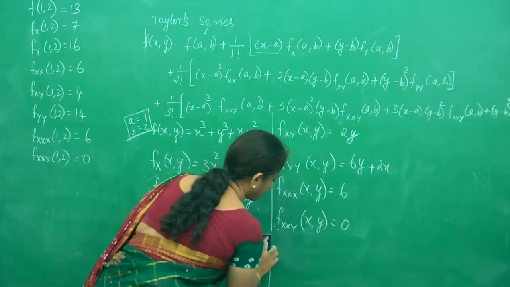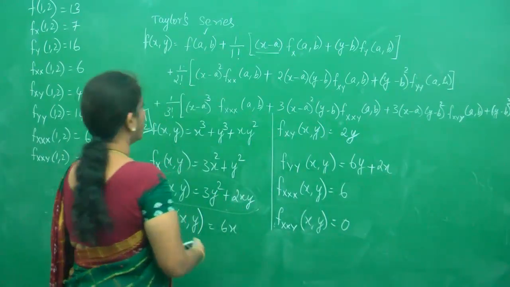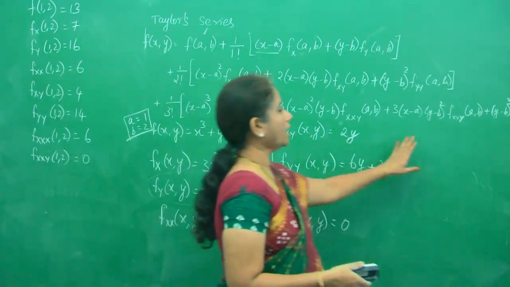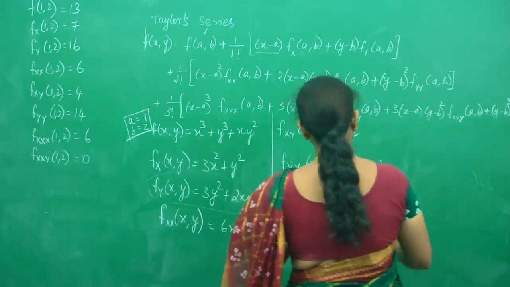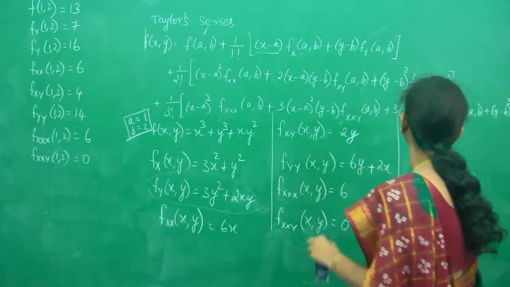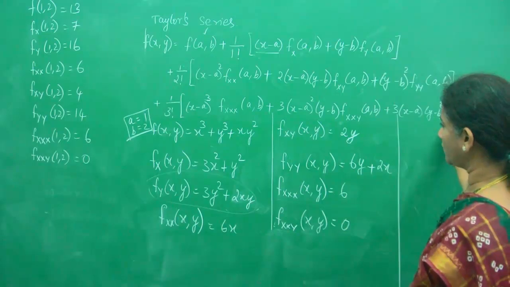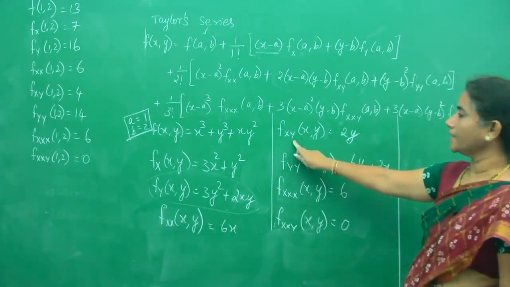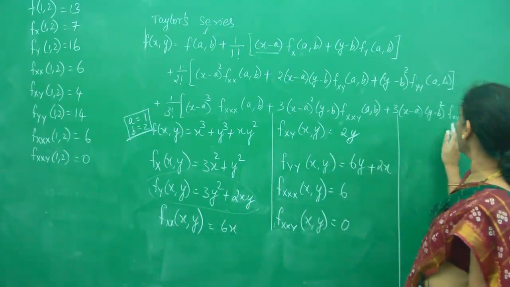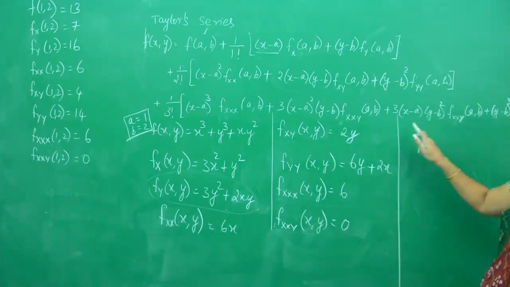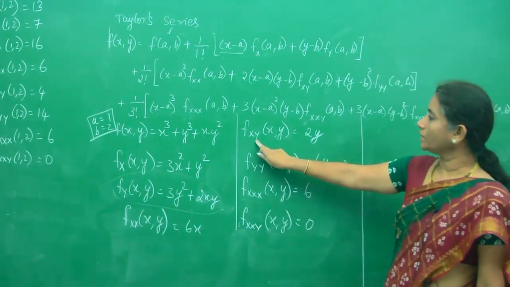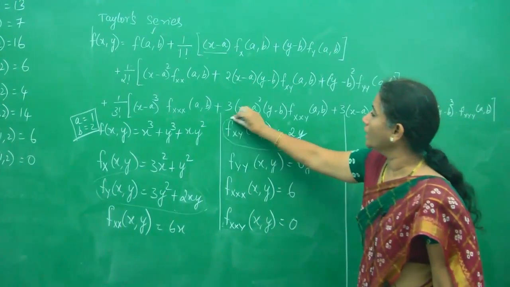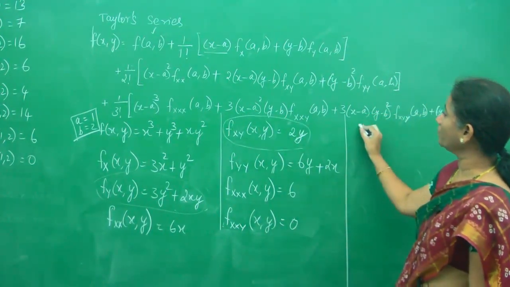Moving on, I need fxyy. So for that, what should I take? xy I should take. Where is xy? Here is xy. I should differentiate it with respect to y once more. So this one I am going to differentiate with respect to y.